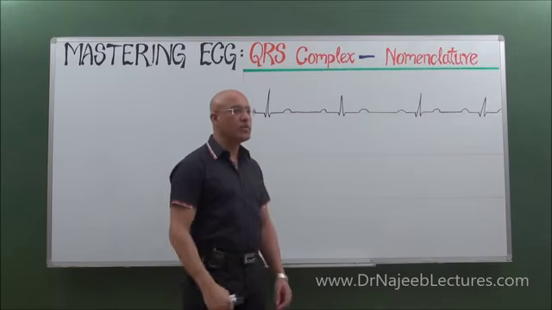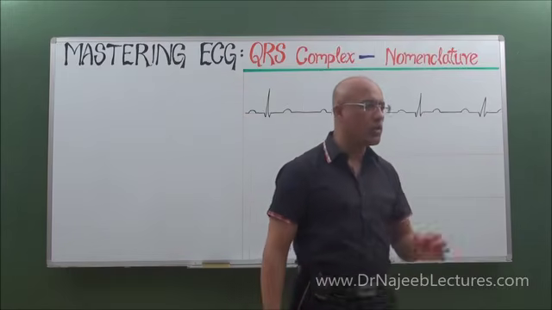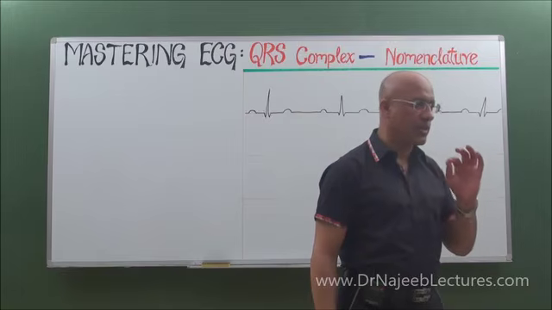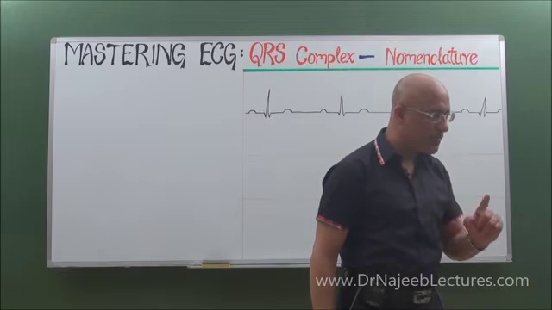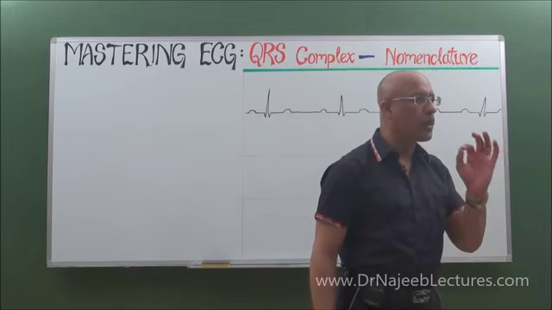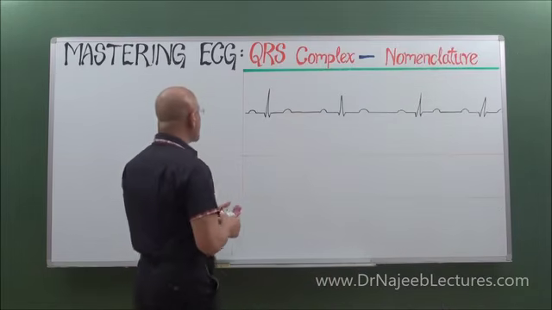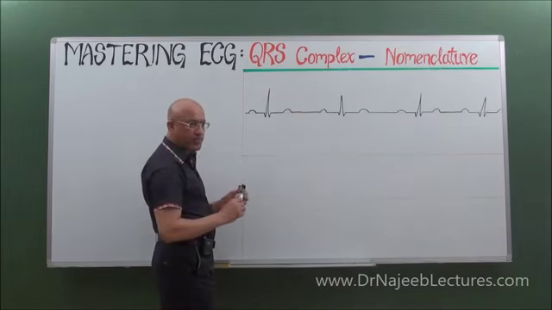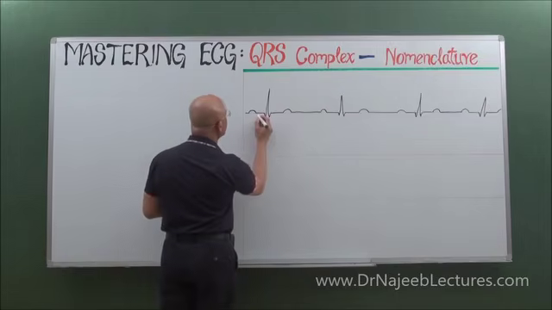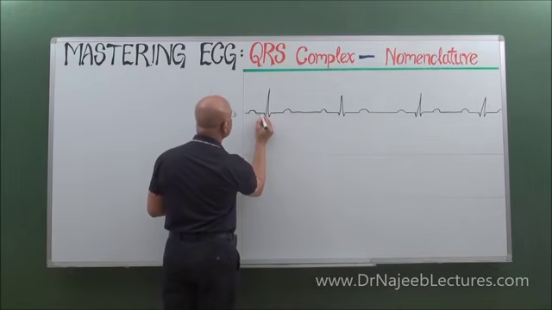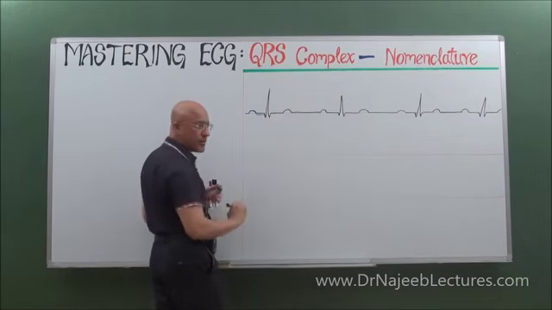But before we really go into detail, we must know what the isoelectric line is. What is the isoelectric line or baseline in ECG? Usually students answer in different ways. Some students say the isoelectric line is the PR segment.